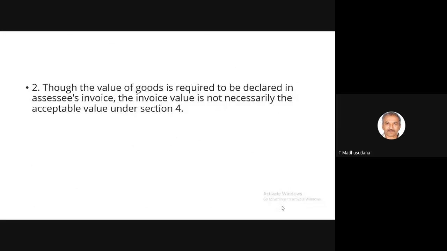So as per section 4 of the Customs Duty Act, generally the seller will issue an invoice while selling the goods. In the invoice, he mentions the various goods sold to which person, quantity, rate, value, tax, all these things.